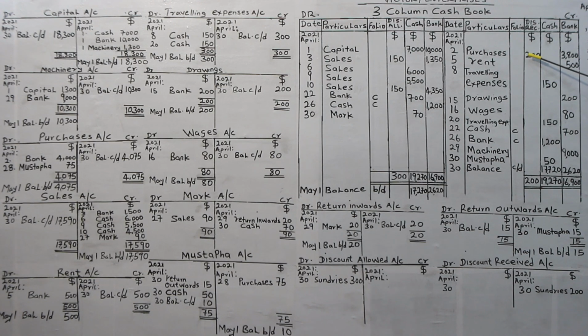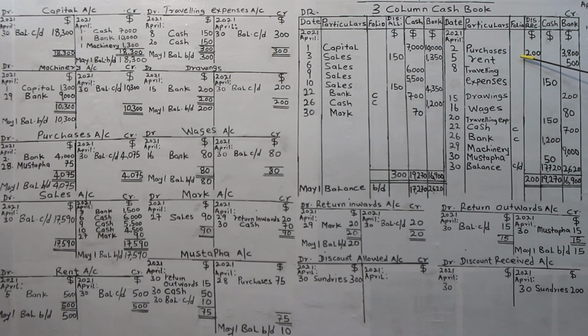What this implies is that the purchases account has been debited with $4,000, which represents the actual amount of goods purchased, while when cash was being paid for the goods, only $3,800 was paid, $200 was received as discount.